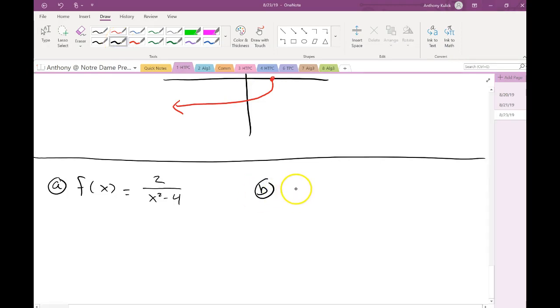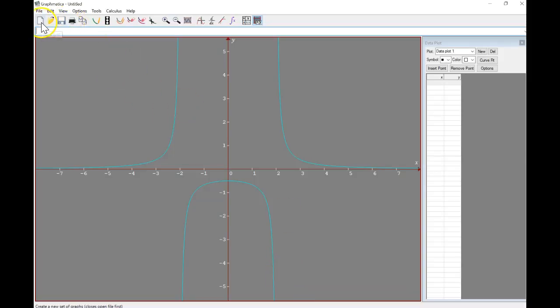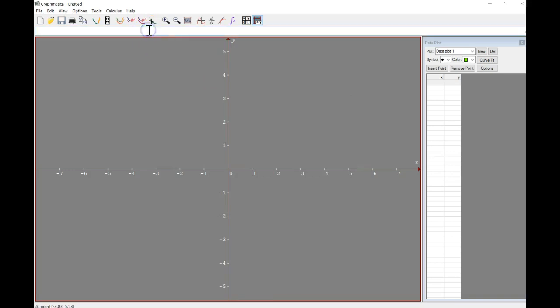Let's look at this one. We'll just type the graph in here and see what it looks like.